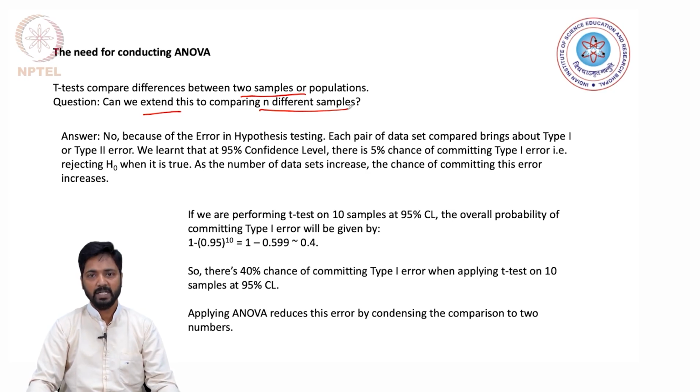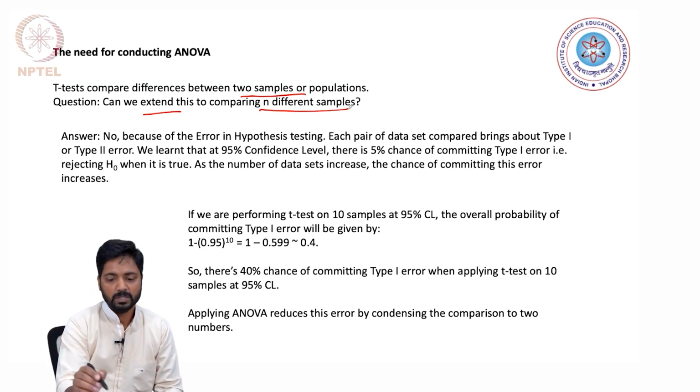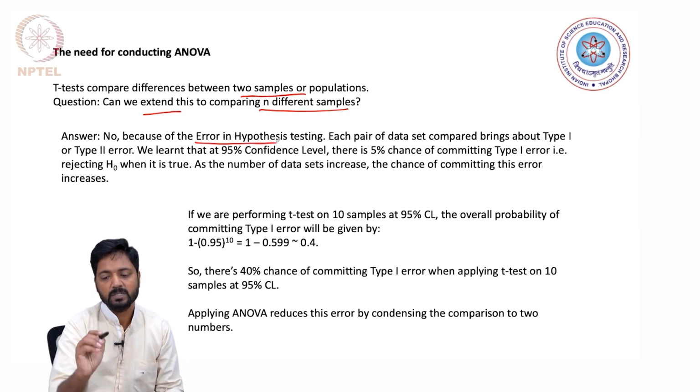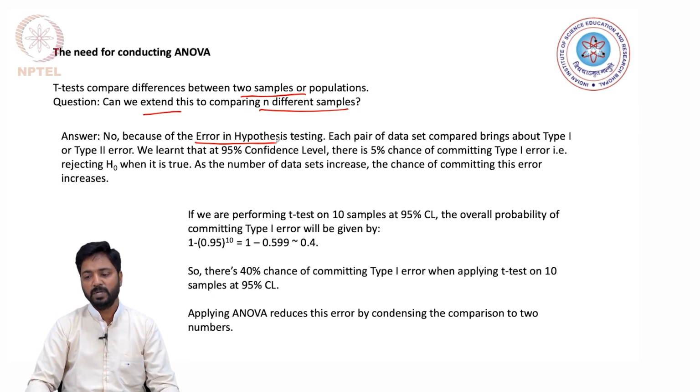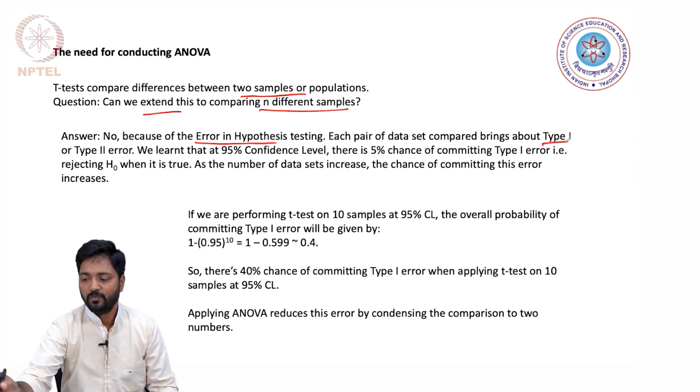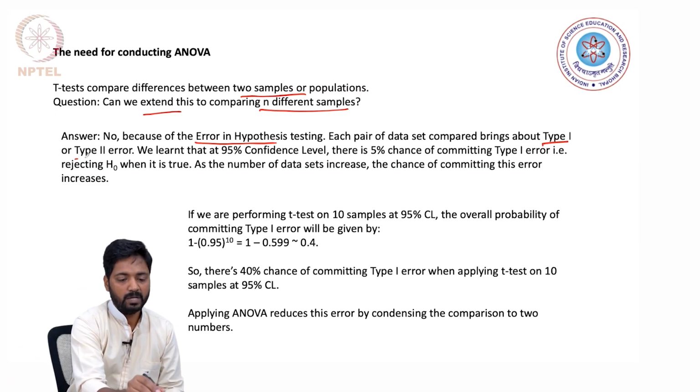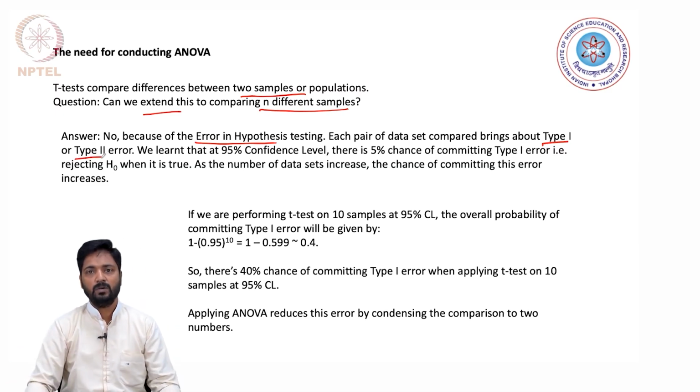The answer to that question is no, we cannot apply t-test on a very large number of samples, because we got introduced to the term of error in hypothesis testing. That is, when each pair of data sets is being compared, we are committing either type 1 or type 2 error based on the confidence level we are at.